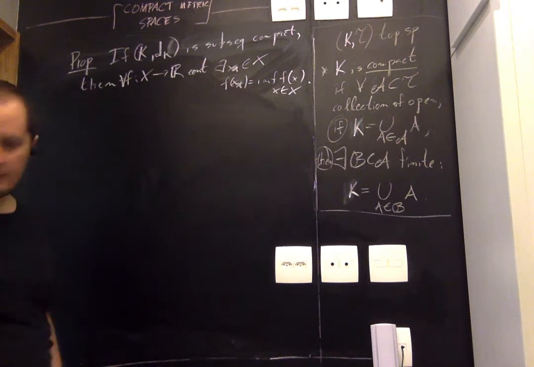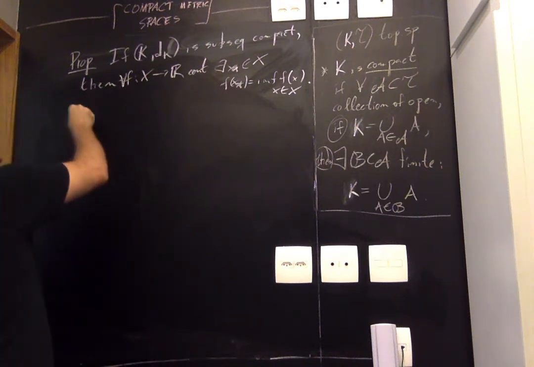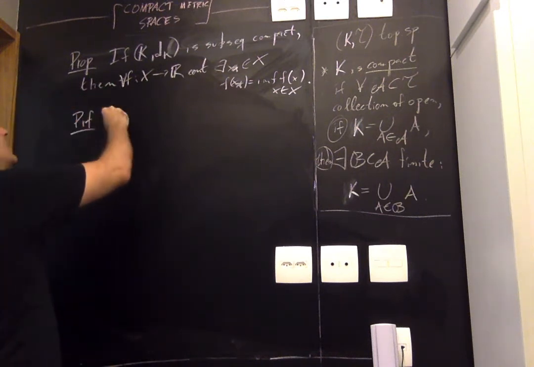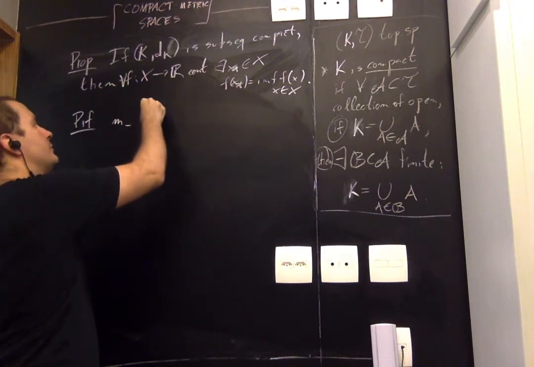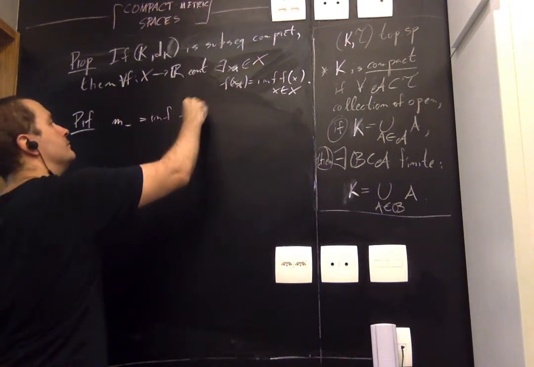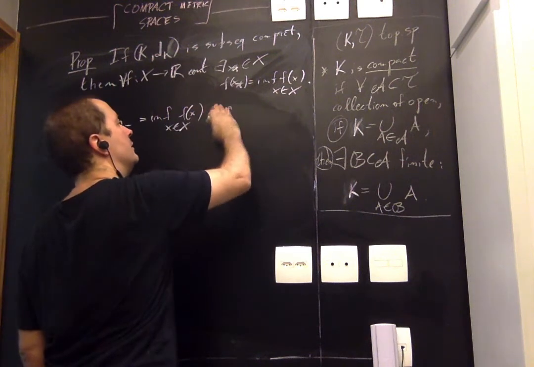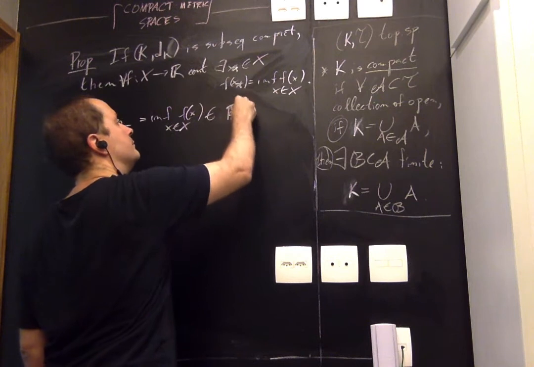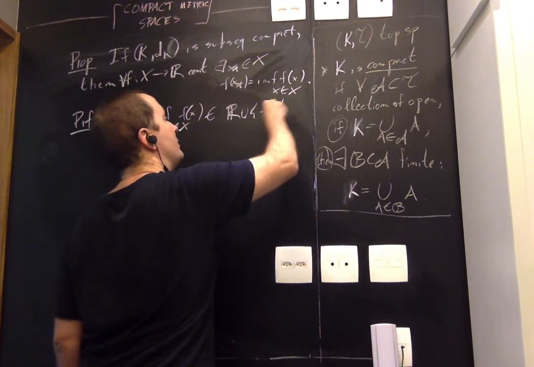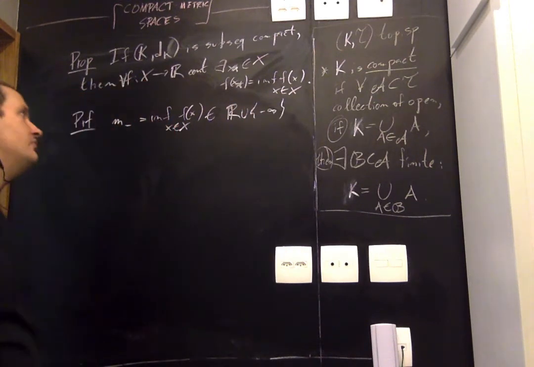Okay, how do we prove this? Well, let me call m minus the infimum. And I'm allowing here for a potentially unbounded function that has infimum equal to minus infinity.